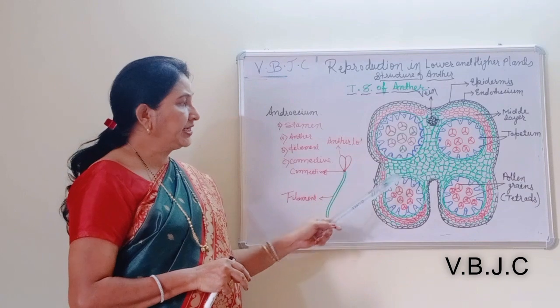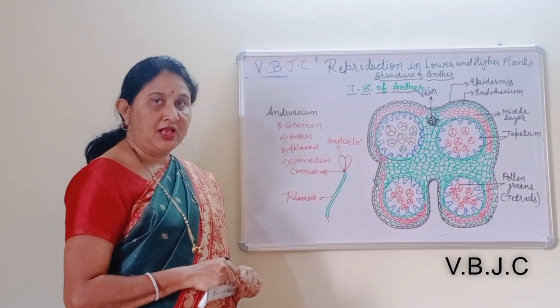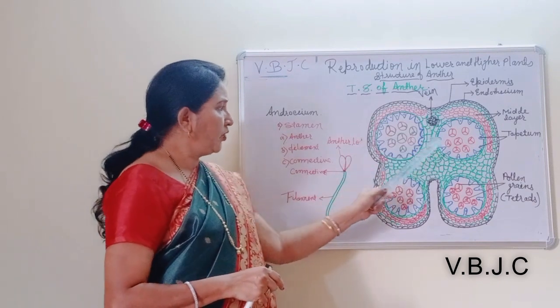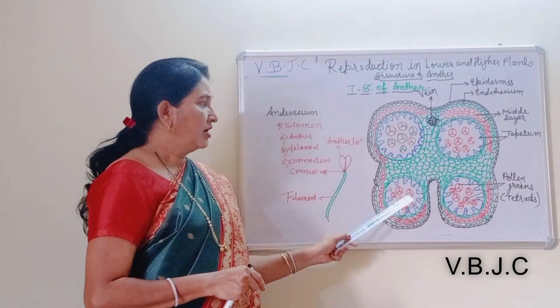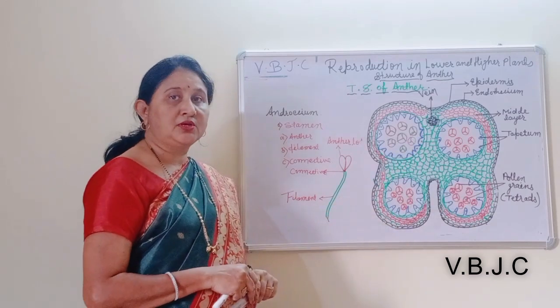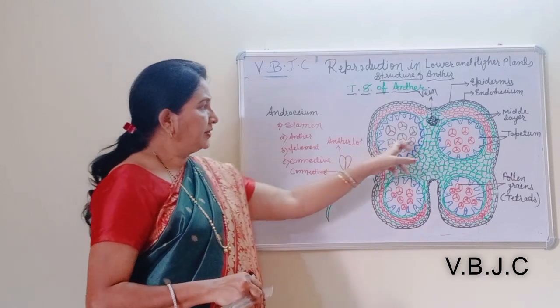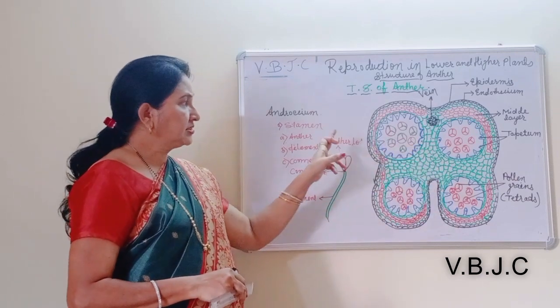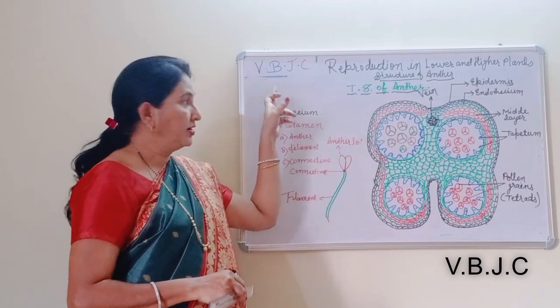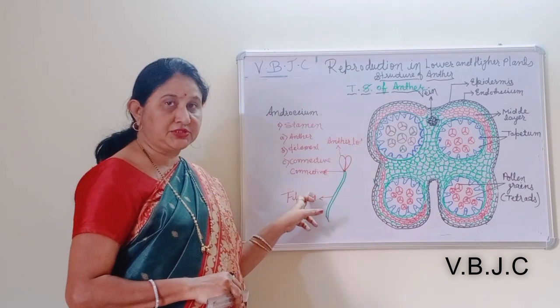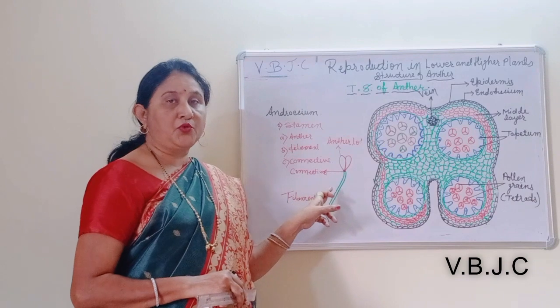So in this tetrasporangiate type of anther, four pollen sacs are present, which means four microsporangia. Now in this topic, under the androecium, you have to study microsporogenesis also.